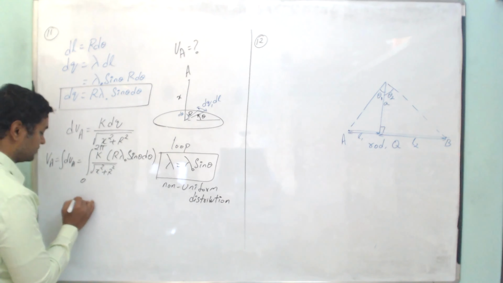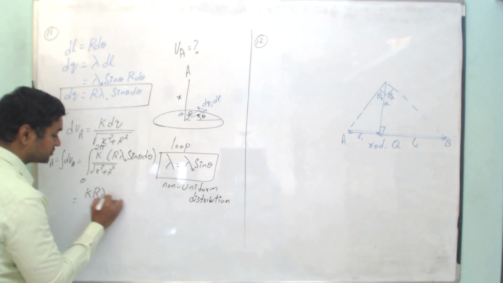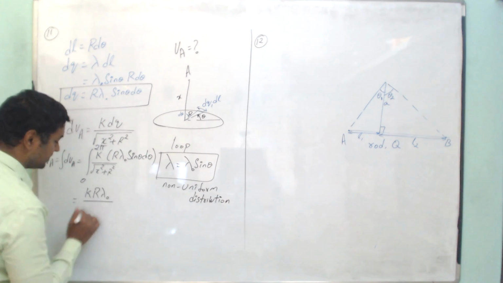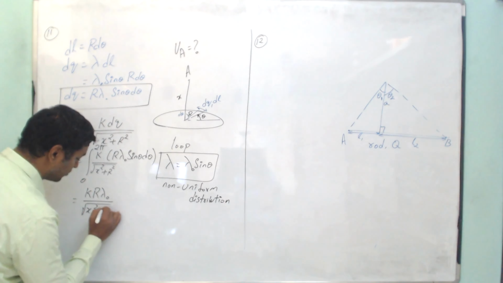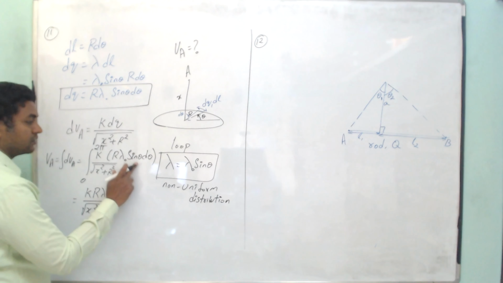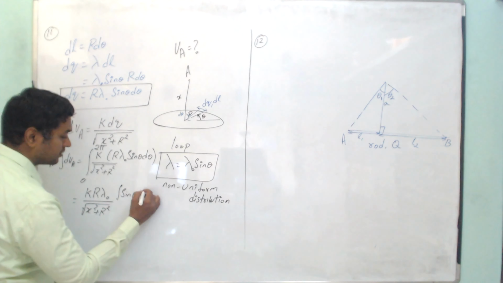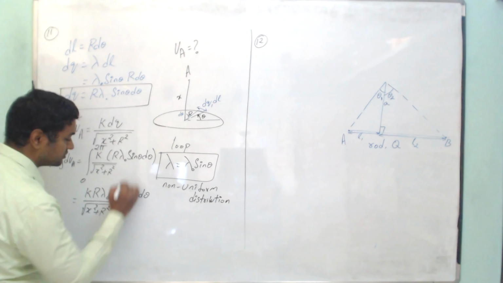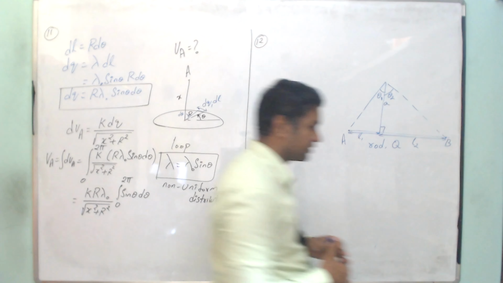We bring everything out except sine theta d theta. Bring constants outside. This thing also is a constant, so we do not have much problem in our integration. It is simply integral of sine theta d theta from 0 to 2 pi, which is minus cos theta.